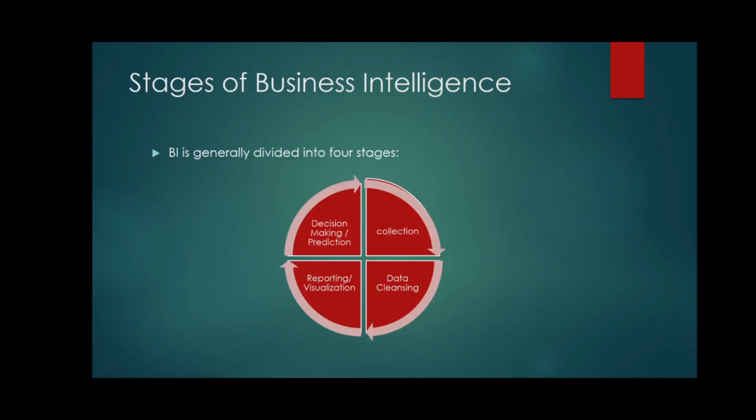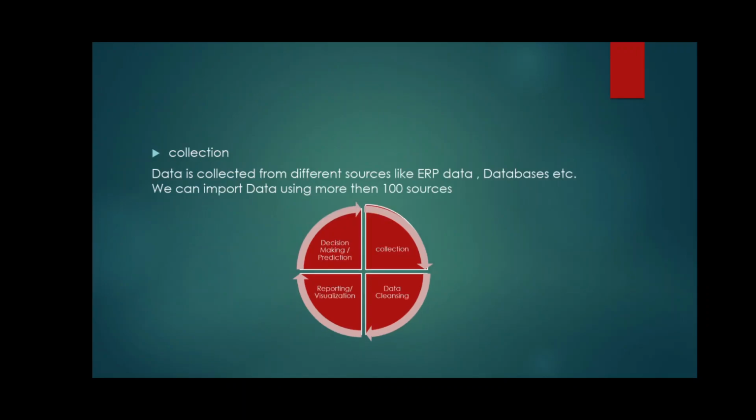Now we will study the stages in business intelligence. There are four stages: firstly decision making, then collection, then data cleaning, and then reporting. Collection is where the data is collected from different resources.